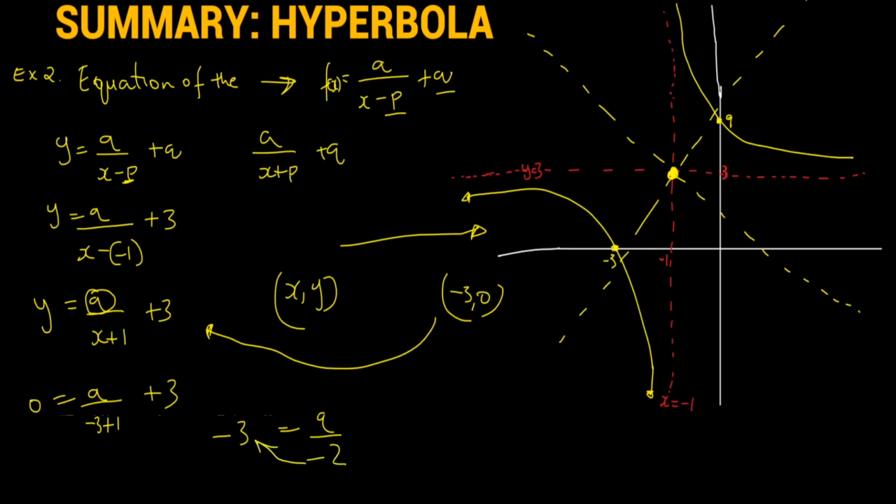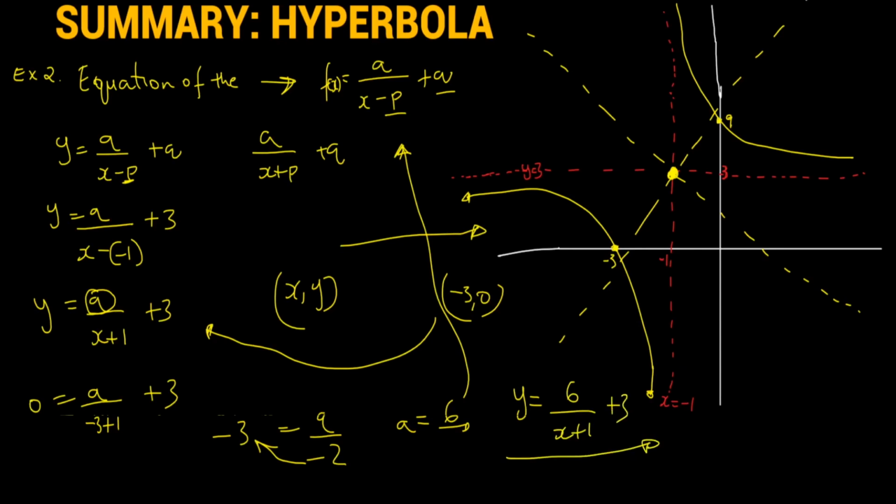And then you multiply there, and the value of a is 6. You are not done, because they did not ask for the value of a. They wanted the equation of the hyperbola. Then you substitute this back, and the equation of the hyperbola is 6 over x plus 1 plus 3, and that is the answer.